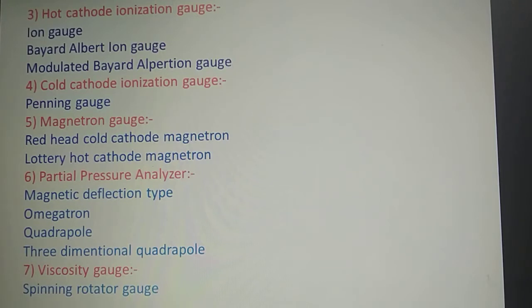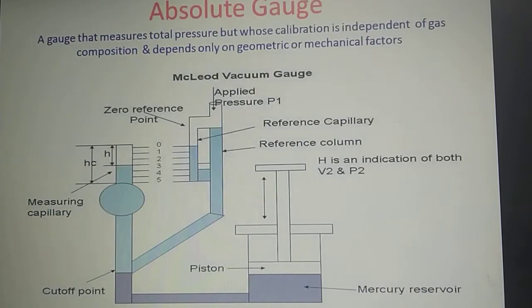What are the types of partial pressure analyzers? Magnetic deflection type, omegatron, and quadrupole. These are the types of partial pressure analyzer. A viscosity gauge is a spinning rotor gauge.